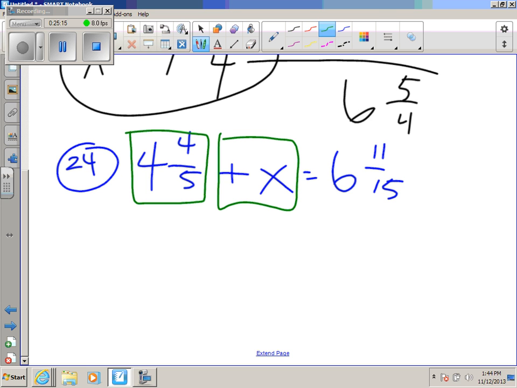Negative, which what operation would you think of when you think of negative? Subtract. Just like the opposite of subtraction would be addition, like we did for the first three. In order to get this x by itself, I need to get rid of this positive 4 and 4/5. Again, how would I get rid of it? The opposite of the positive would be to subtract it.